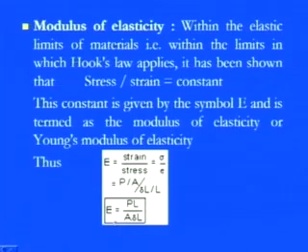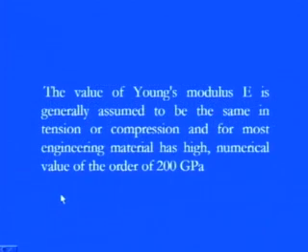And for this, because E defines the region, the value of E has significant importance for dividing the regions. The value of E, the Young's modulus, as I told you, is generally assumed to be the same in tension or compression, because it is nothing but the stress and the strain in both the tensile and the compressive loading.